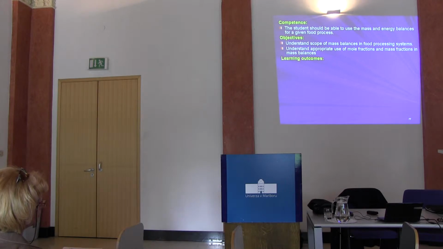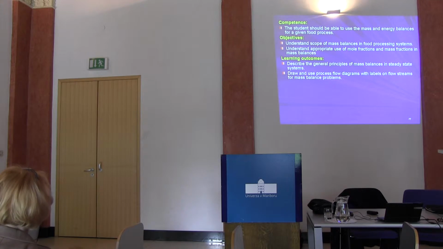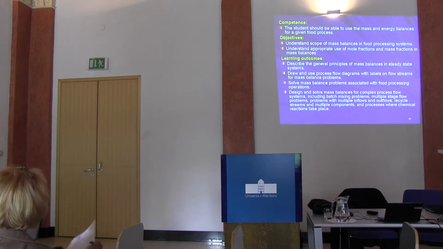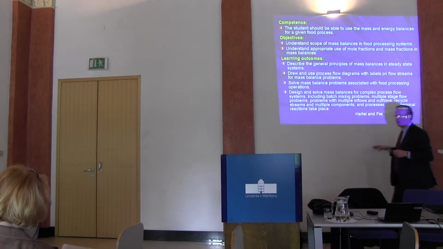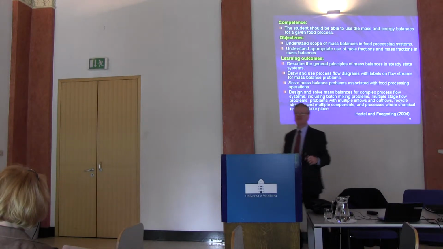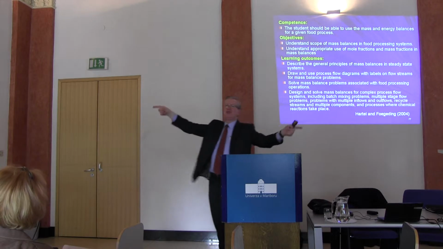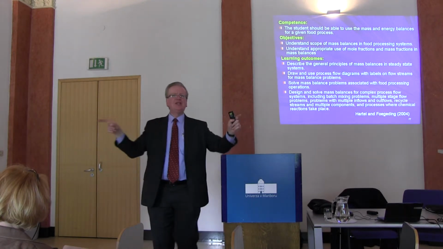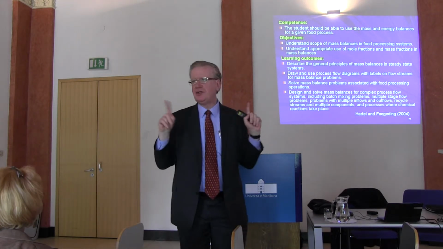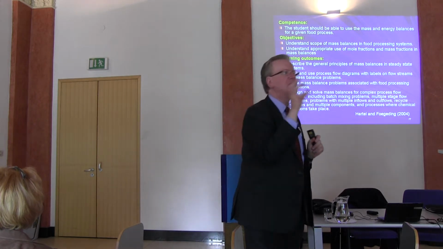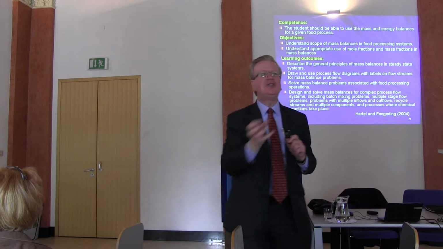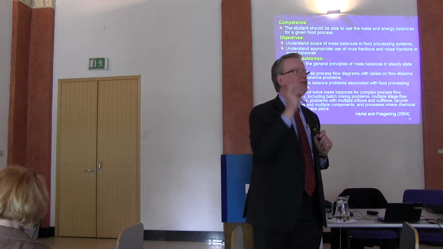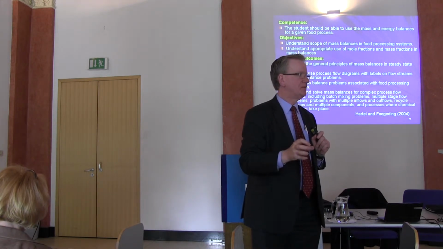And then they wrote the learning outcomes. Describe, draw, solve, design. So these two engineers understood that competence is a very broad general statement. It's open to many interpretations, and the only way to be clear on what a competence means is to write it in terms of learning outcomes.